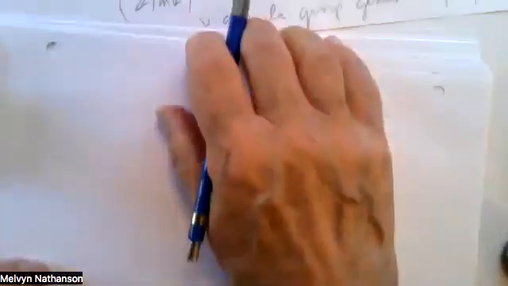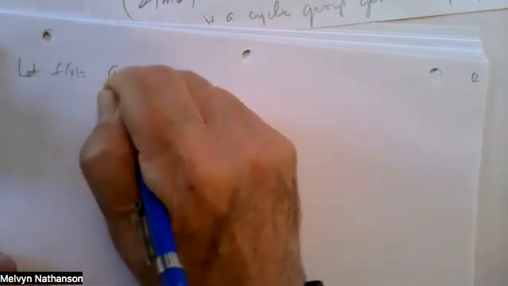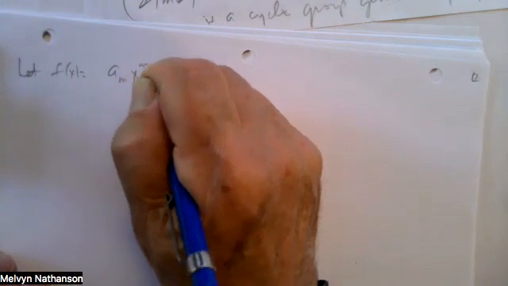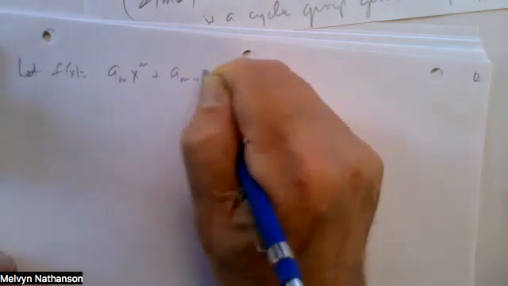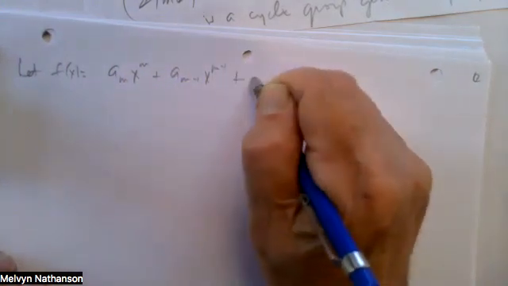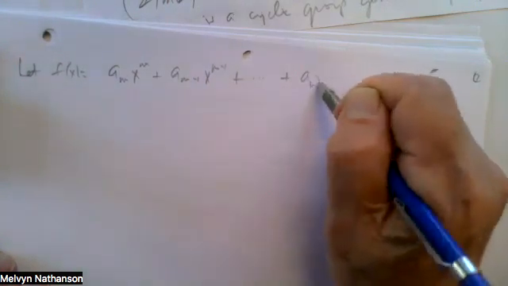So if you want to be very precise, and we need to be always precise, say f of x equals a_m x to the m plus a_{m-1} x to the m minus 1 plus ... plus a_2 x squared plus a_1 x plus a naught. This is a polynomial.